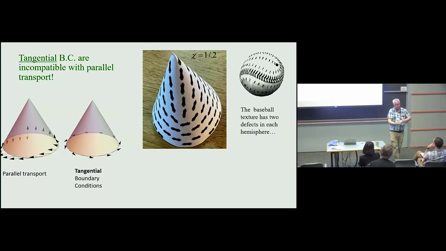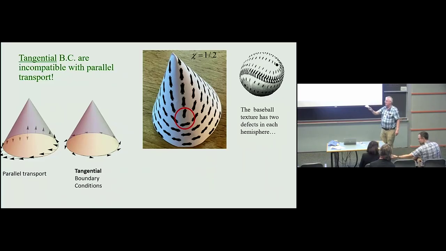And so, you expect that if you pulled it, at least gently, there'd be two defects. And if you look here at this cone, there is a +1/2 defect. Much like the +1/2 defect on this paper cone that I'm going to be handing out.